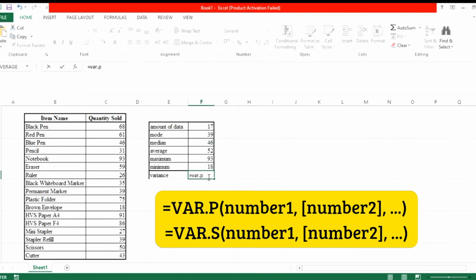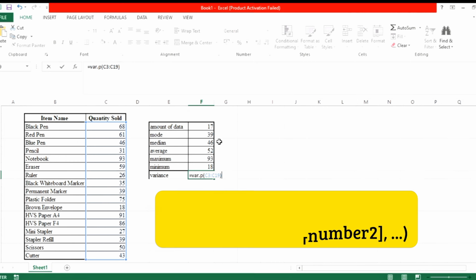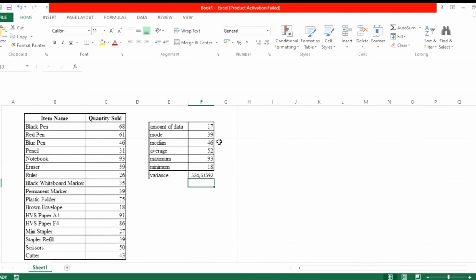So the formula is equal VAR.P, open the parenthesis, we plug the data again, all the data, C3 to C19, close the parenthesis and enter. So the variance is this.